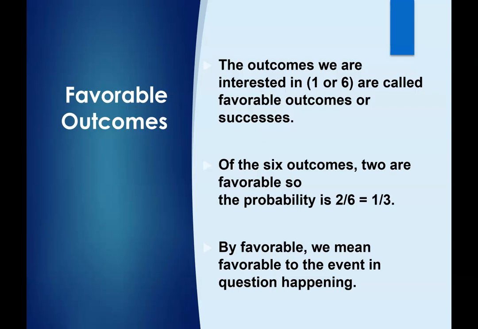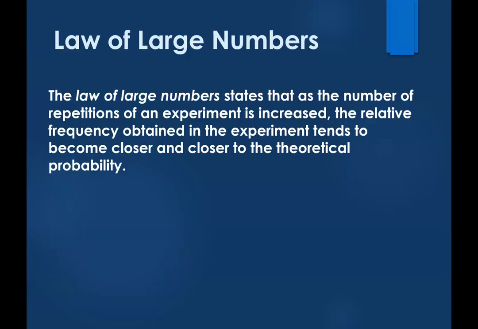So if we were doing an experiment and we did a bunch of rolls, we would be looking at how many times did a 1 come up, or how many times did a 6 come up, and we add all that together, divide by the total number of rolls that we did. So the more we roll and the more trials that we have, will approach the theoretical probability, just like we talked about before.